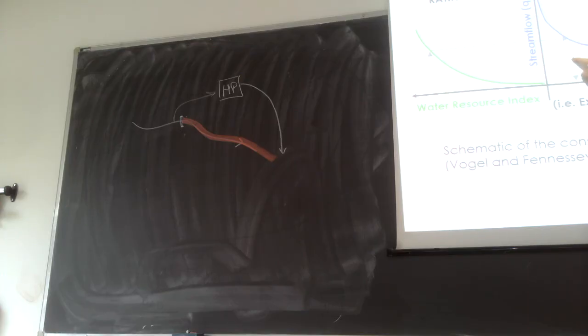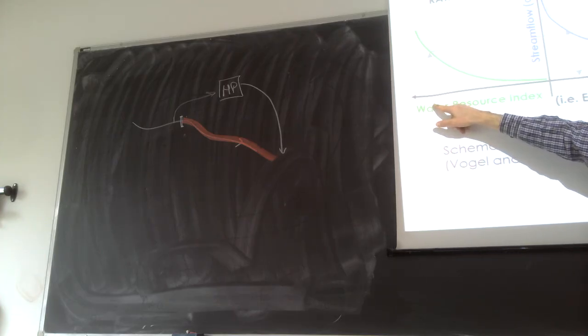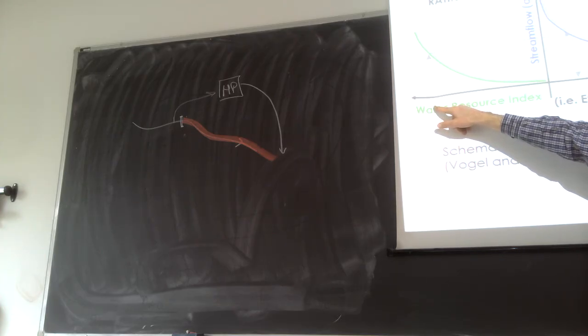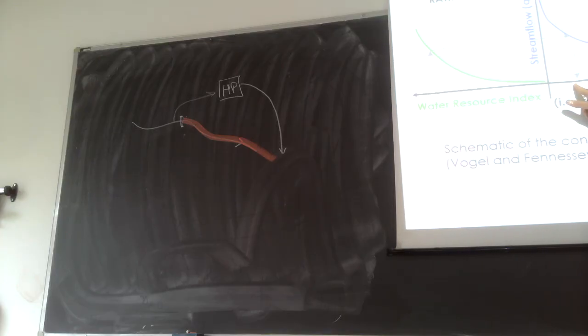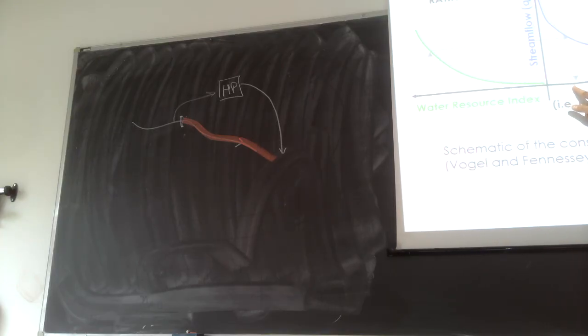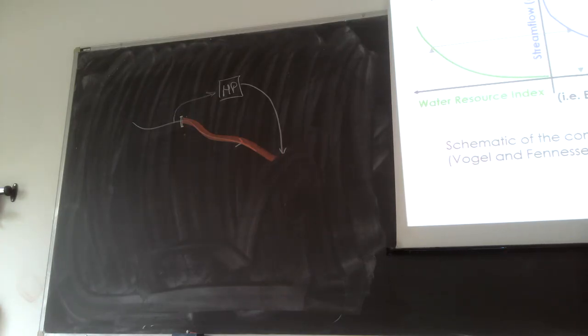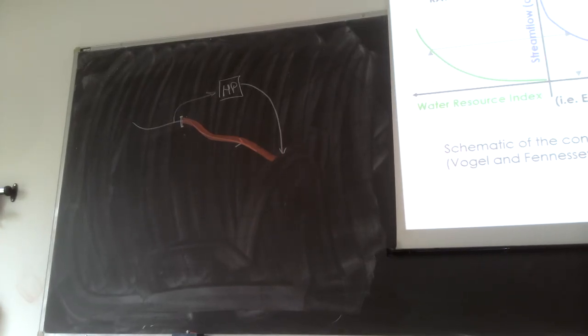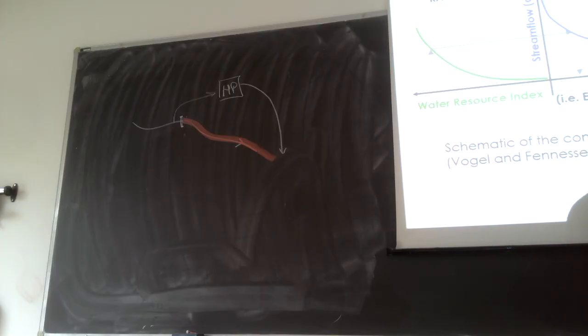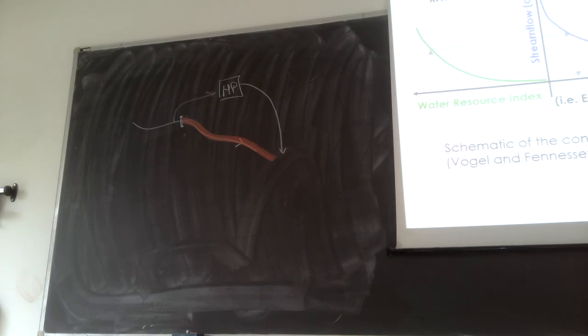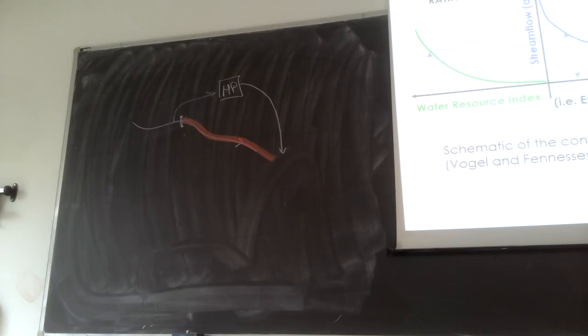You can use the definition you want. Binding the two diagrams, you can come up with a summarizing diagram that reports the water resource index you are interested in on the vertical axis, not the stream flow anymore, because there's a one-to-one relationship between the two. Okay? Water resource index and associated duration.